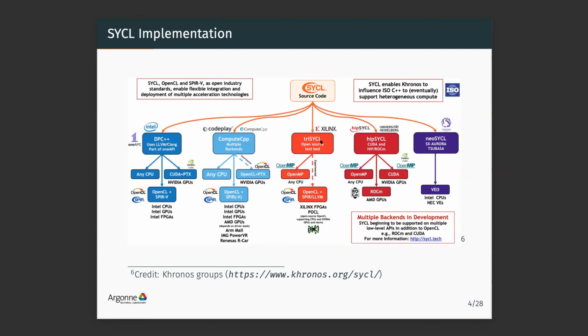I think they did a good job with the name. After that you have HipSYCL if you want to run on HIP hardware. And you have NeoSYCL if people have access to Tsubasa, the Japanese computer, you can try that. It will target their CPU only. So it's pretty large, big names from universities, but also industry.